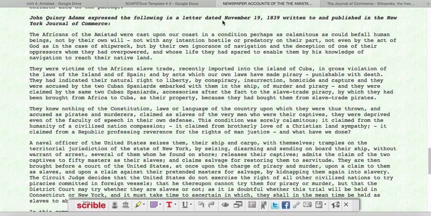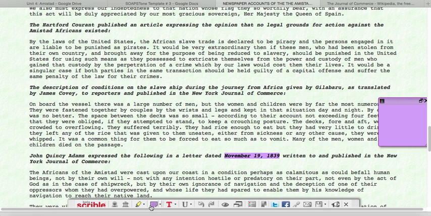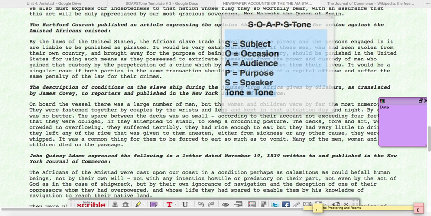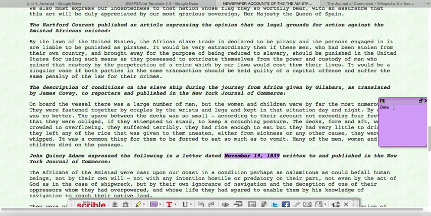All right, so here we go. I'm going to write an annotation here. The date, which is part of the occasion. All right, so date written.